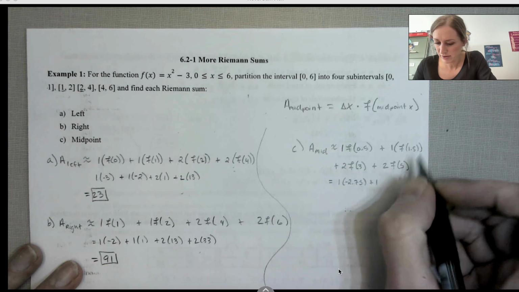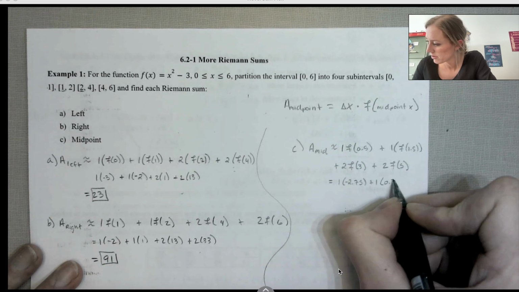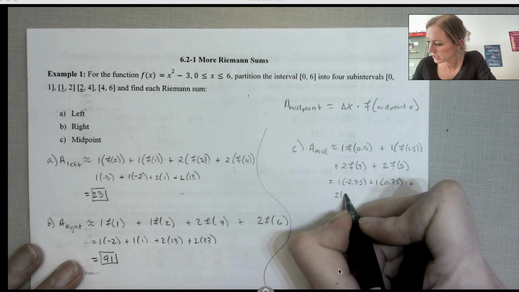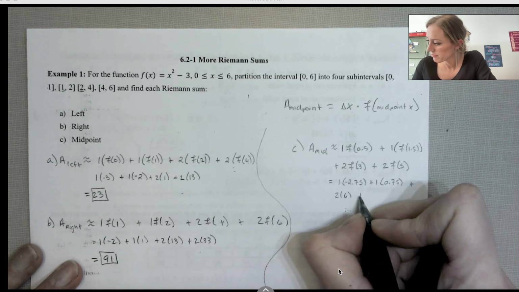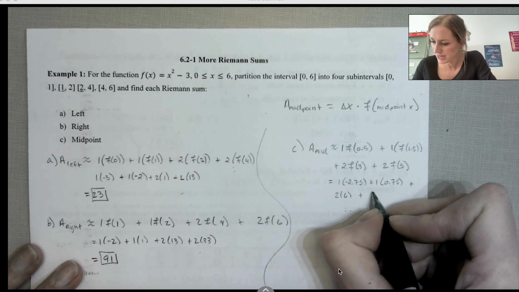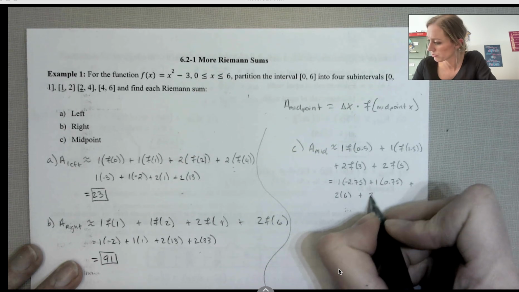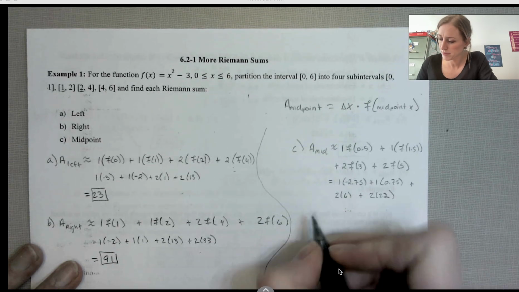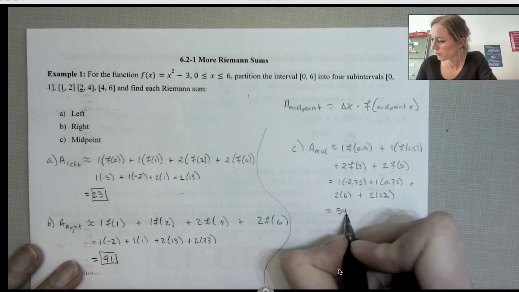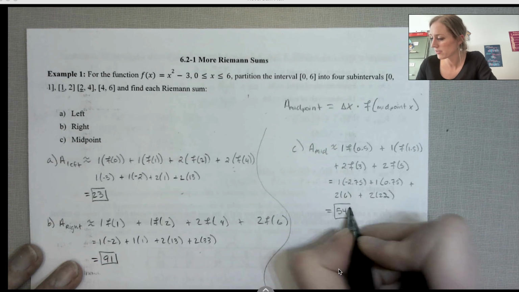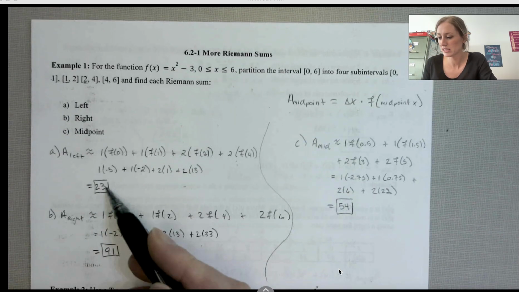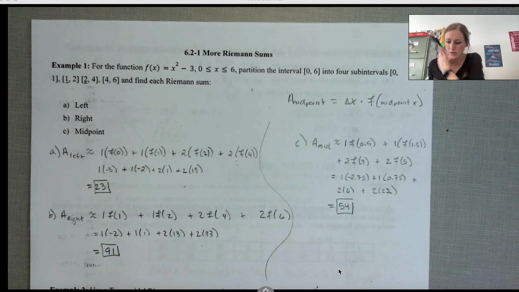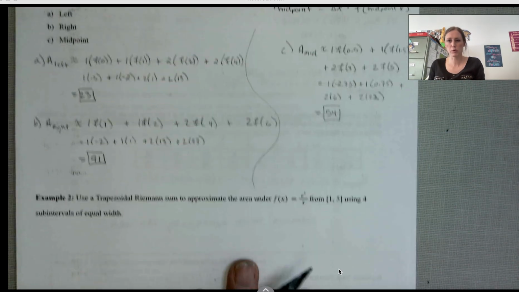F of 1.5 was 0.75, f of 3 was 6, and f of 5 was 22. Multiply those all together, add them up, and we get an area of 54. This makes sense, that the midpoint area is between the left and the right, because I'm using middle values. So that's the midpoint sum.